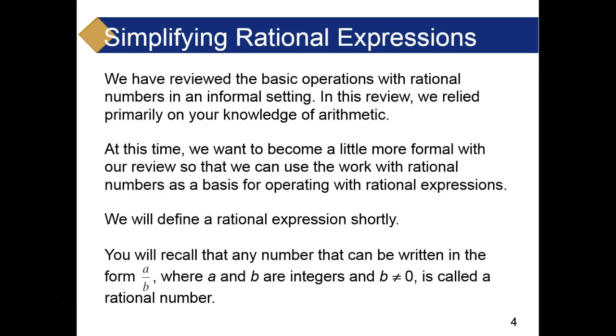The numerator can be any number in the world, including 0. The denominator can be any of those counting numbers and their negatives, but cannot be 0. You'll recall that any number that can be written in the form a over b, where a and b are integers, as long as b is not equal to 0, is called a rational number.